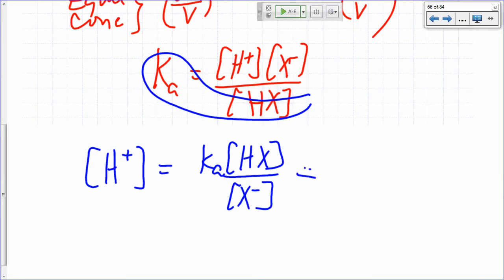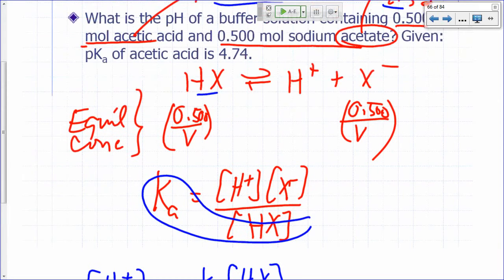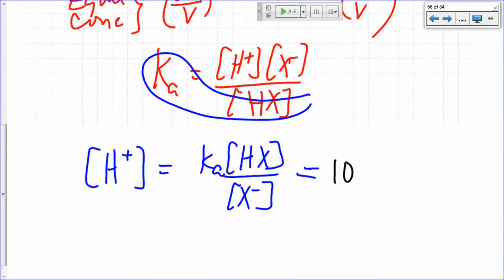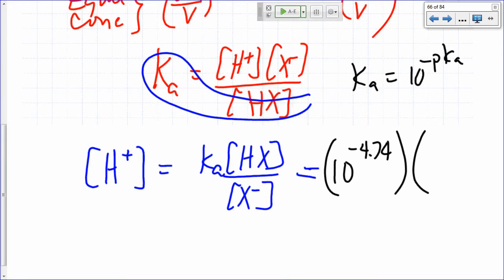Do we know what our Ka is? Our Ka is not given, but we're given the pKa. It's 4.74. So Ka would just be 10 to the negative pKa. And HX is 0.5 moles over the volume, and your X minus concentration is also 0.5 moles divided by the volume.